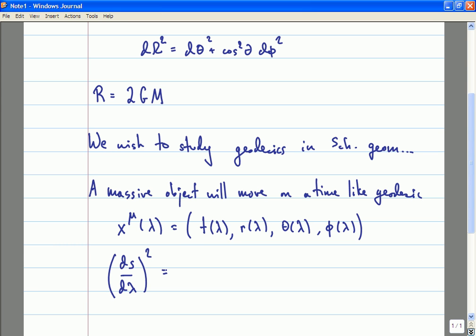So what is this guy? This is just g mu nu, x dot mu, x dot nu, where g mu nu is the Schwarzschild metric, and that will be a negative number.